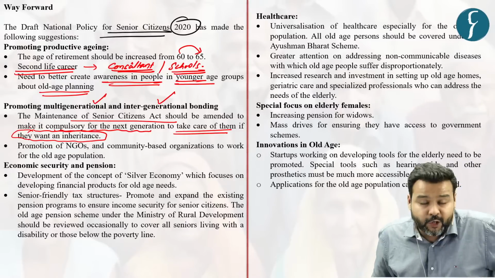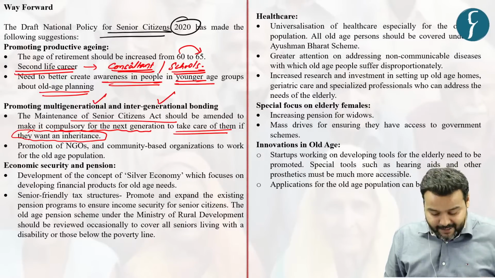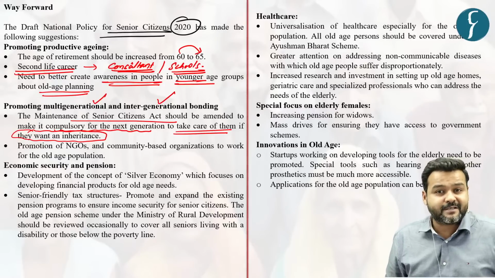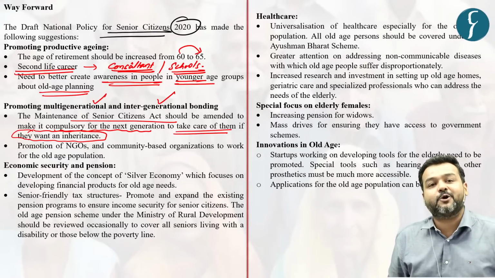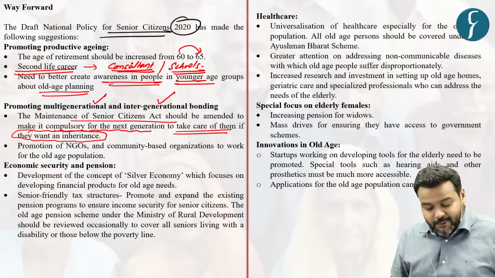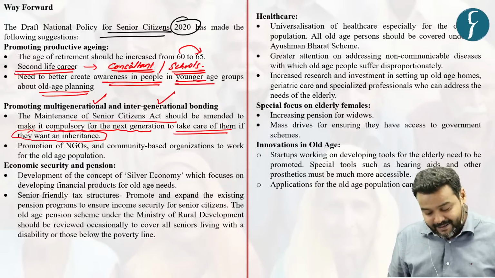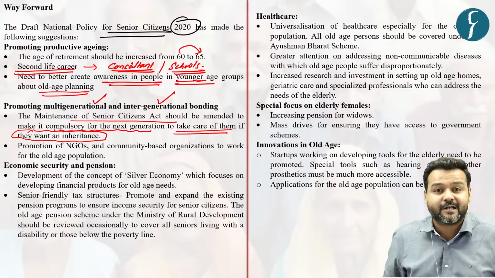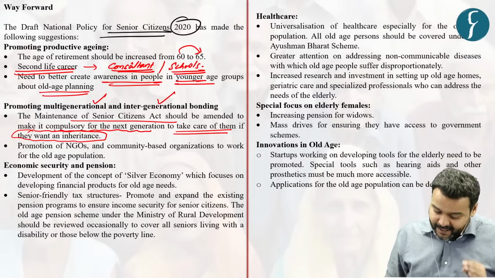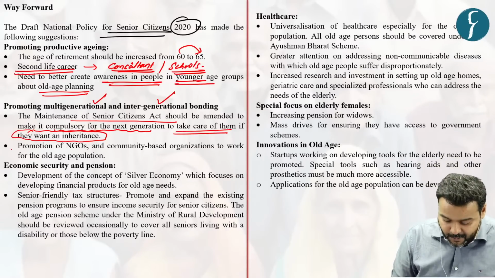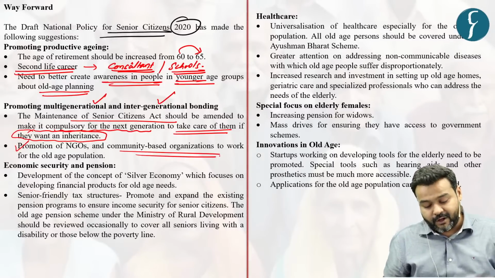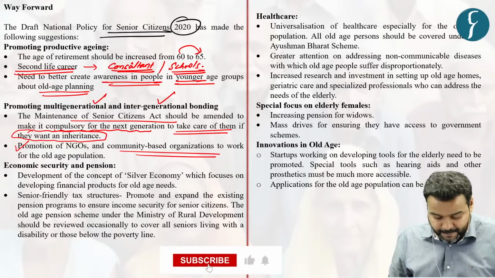So, what you have seen in movies, that people will not give their property to their son on the pretext that they have not taken good care of them. So it is a similar suggestion: make it compulsory, otherwise you will be out of the equation of inheritance. Another suggestion is promotion of NGOs and community-based organizations to work for the old age population.